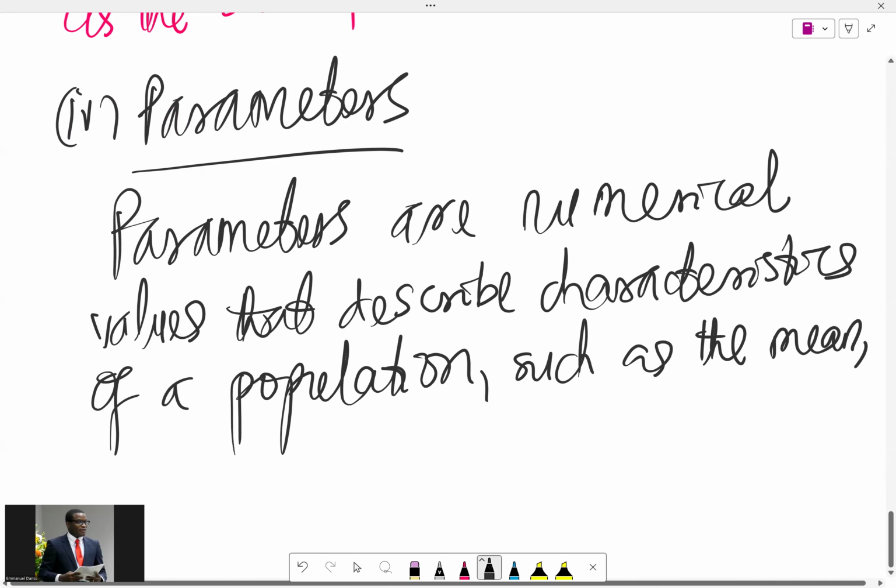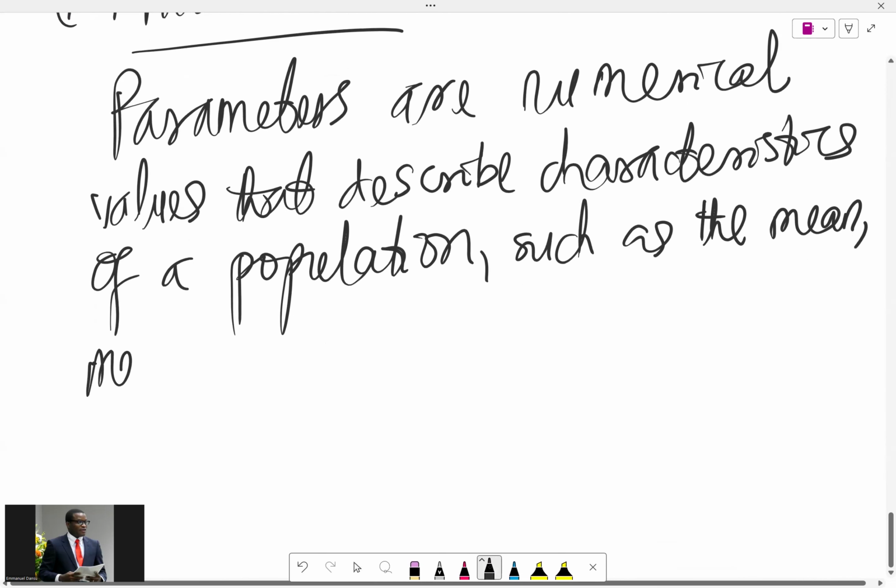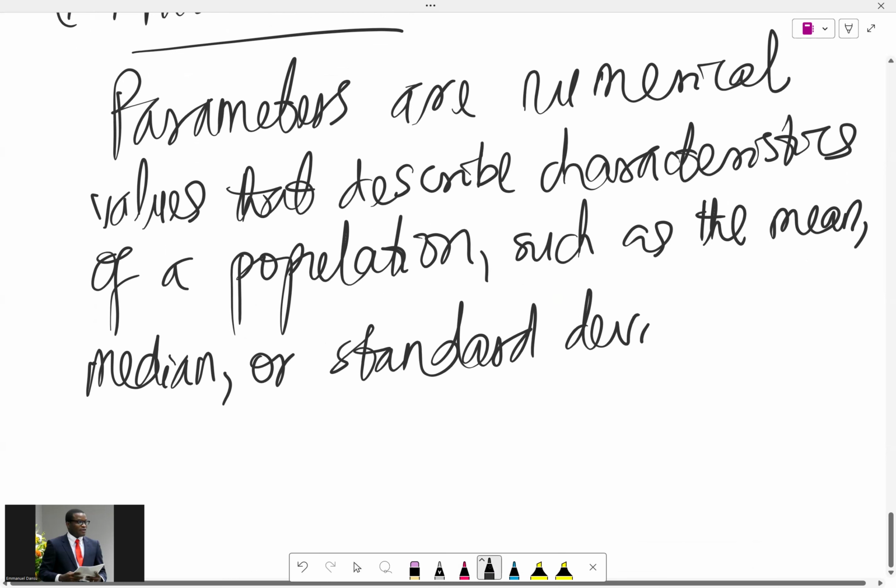So the mean is a parameter, median is a parameter, or even standard deviation.